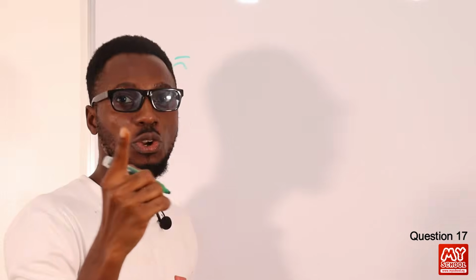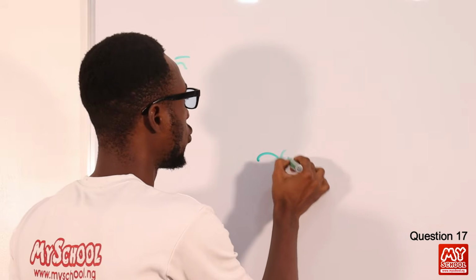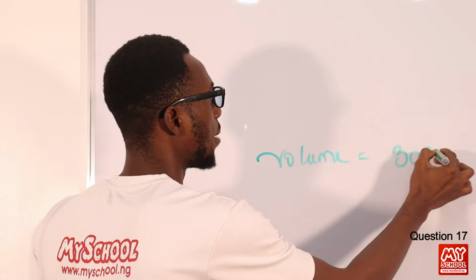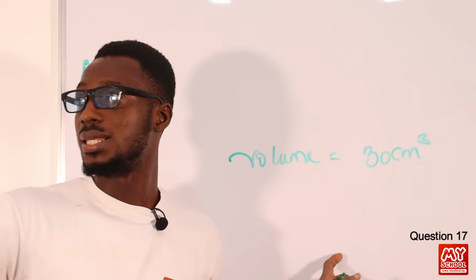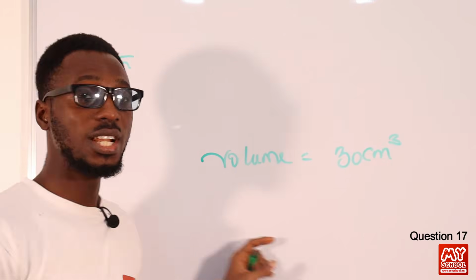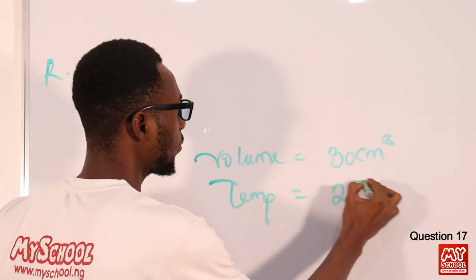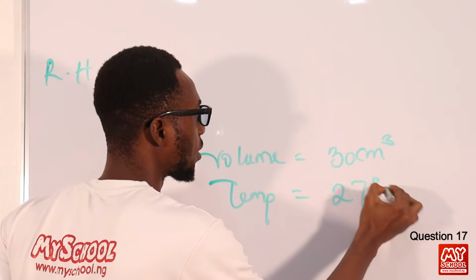Let me say the volume of air that we have, let's say the volume is actually 30 cm cube. And from the question right here, the temperature is actually 27 degrees Celsius.